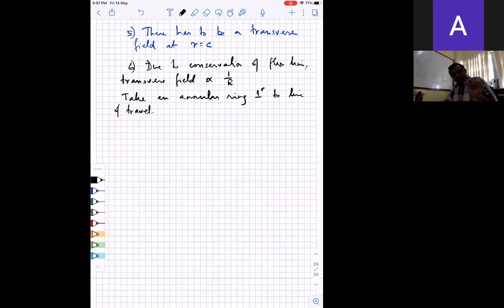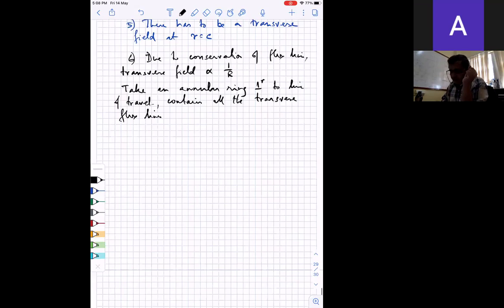The annular ring is the ring where all the flux lines from radial become like this and then go away, which contains all the transverse flux lines.